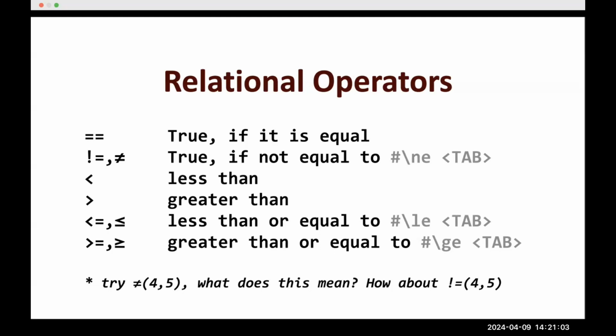You can also use nice symbols like not equal: backslash NE and a tab will give you the not equal symbol. And then less than and greater than will also give you different symbols that make your code look more relevant to your mathematical equations or formulations.